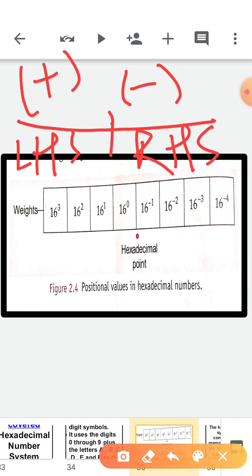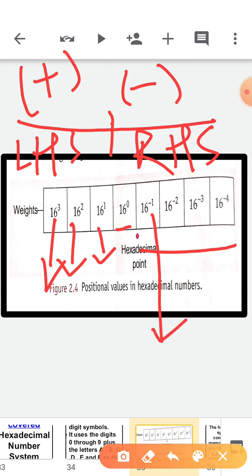So we are using base as 16. That is why the unit place is 16 power 0. Then the tens place is 16 power 1. Then the 100 place is 16 power 2. Then the 1000 place is 16 power 3. In the same manner, in the rightmost side also we follow the same pattern.